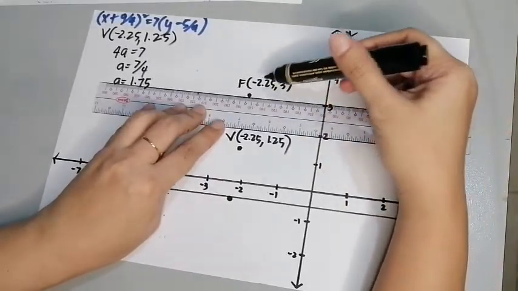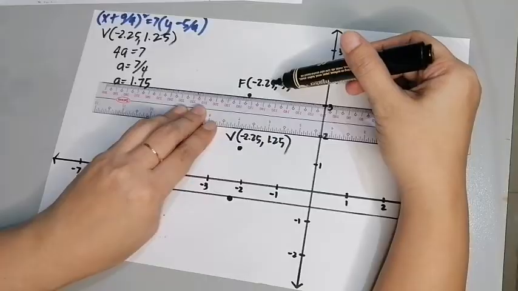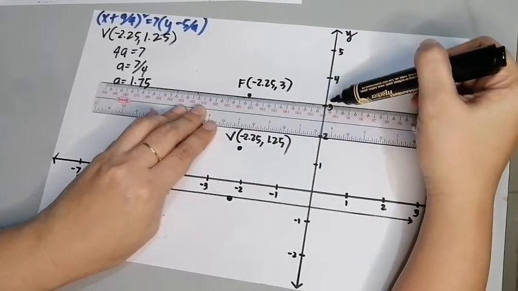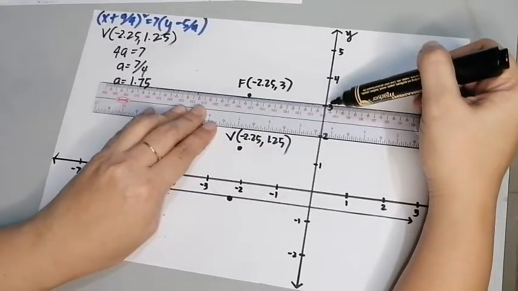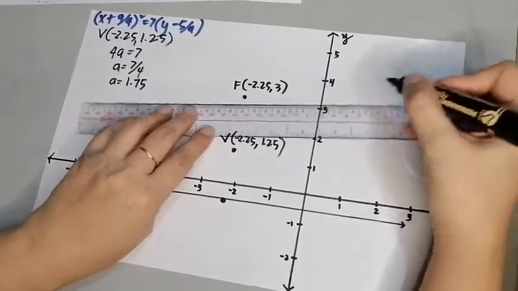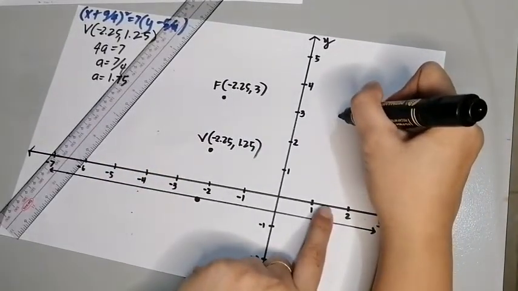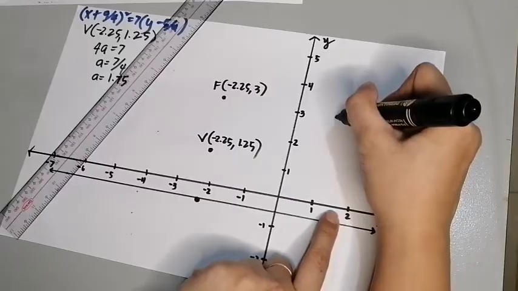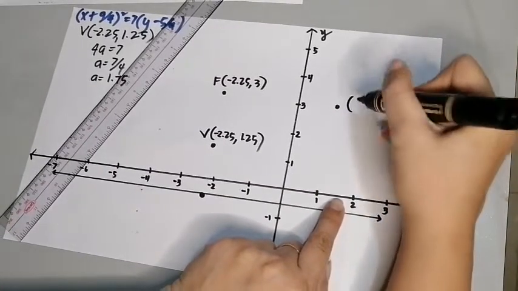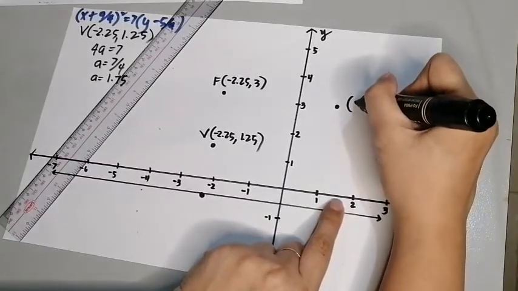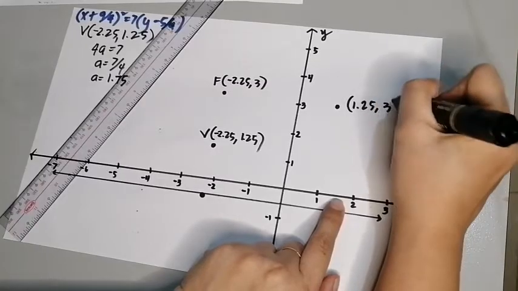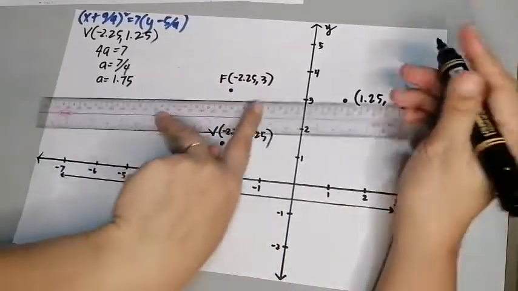So let's count. That's negative 2.25 plus 3.5. So that would be 1.25. It's here, 1.25. Okay, the coordinates would be 1.25, 3.